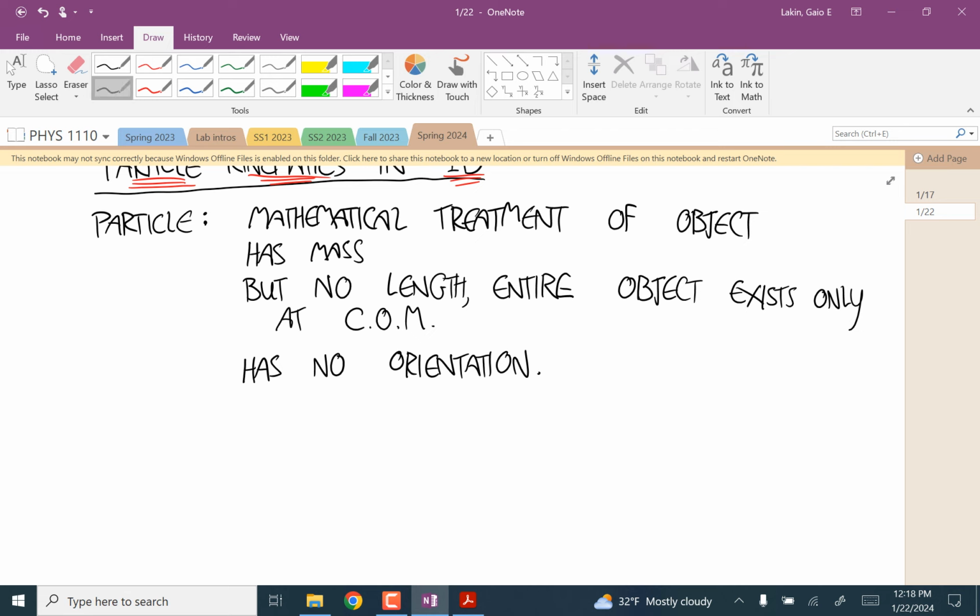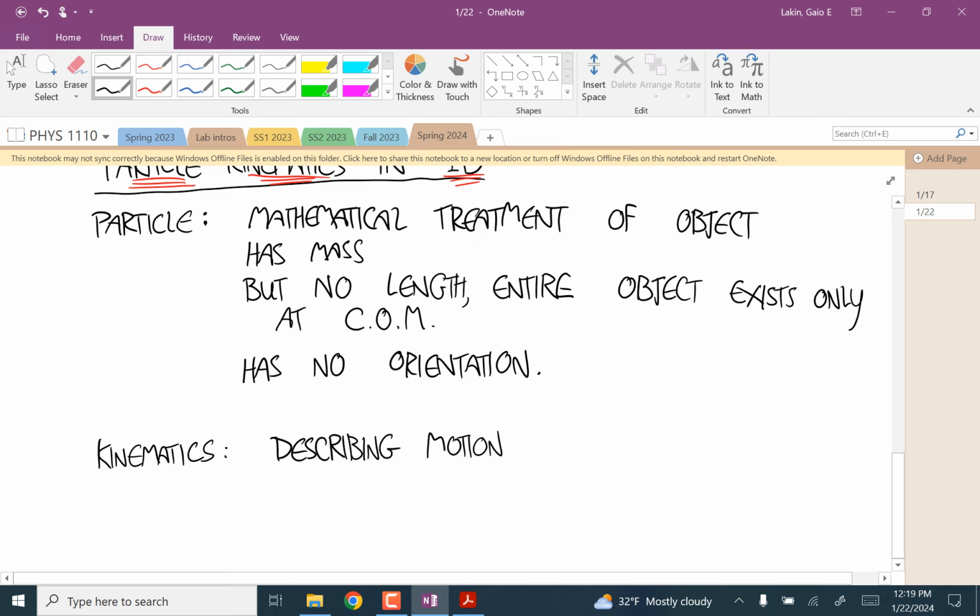The second thing we need to define is kinematics. And kinematics means describing the motion of an object without worrying about the causes of the motion.